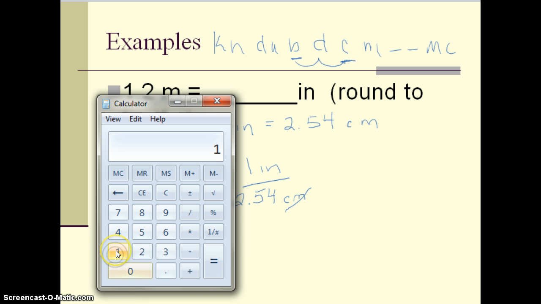So I had 120. Oops, let's clear that. 120. And in this case, the 2.54 is in the denominator, so divided by 2.54, equals, and we get this whole long answer, 47.244.